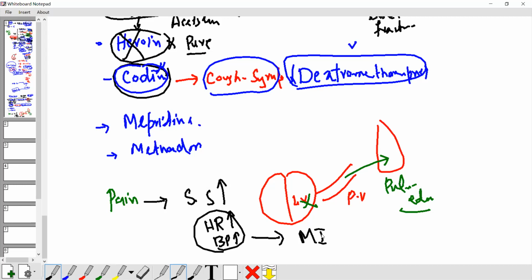That pain stimulates the sympathetic system. So what happens to the heart? The heart is already damaged, because there is no blood supply there. If you stimulate the sympathetic system, is that good for the heart? Of course not.